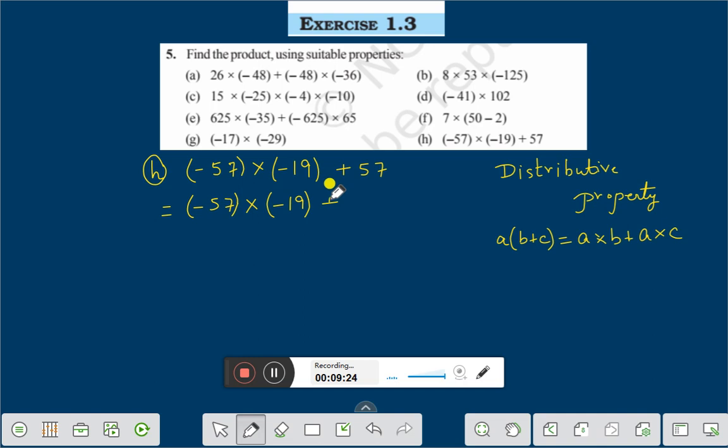Now 57 can be written in this way, using the property that minus 1 into minus A is plus A. In case of 57, we can write it as minus 57 into minus 1.